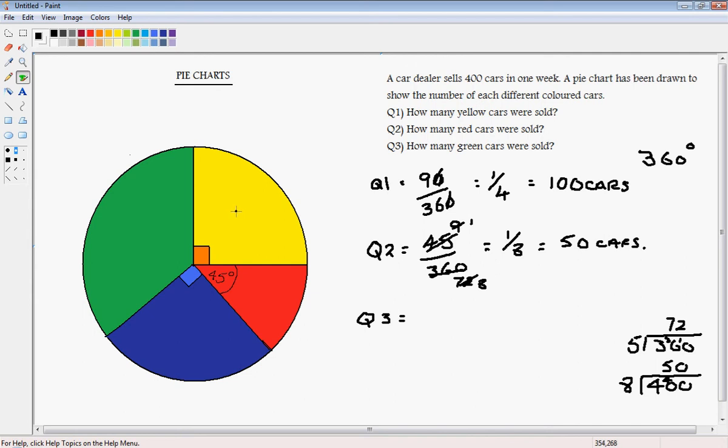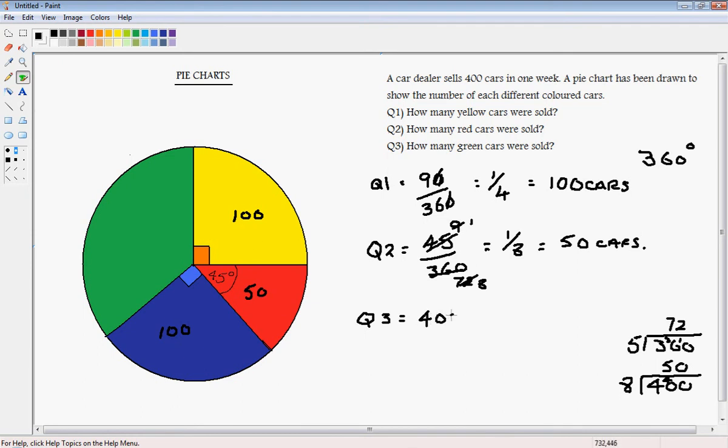I know that this represents 100 cars. I know the red represents 50 cars. If this is 90 degrees, the same as this, then this will also represent 100 cars. So this is just going to be the remainder of the cars.